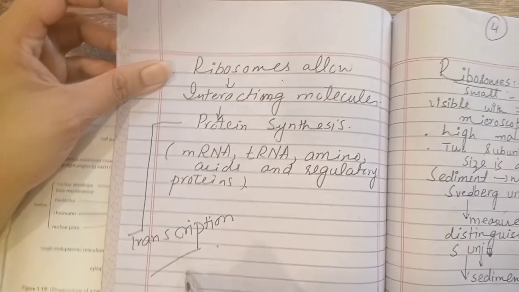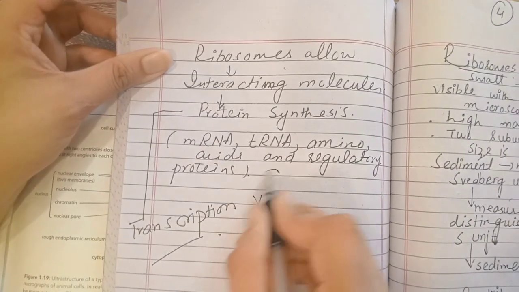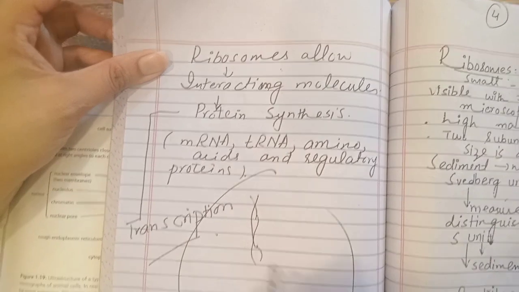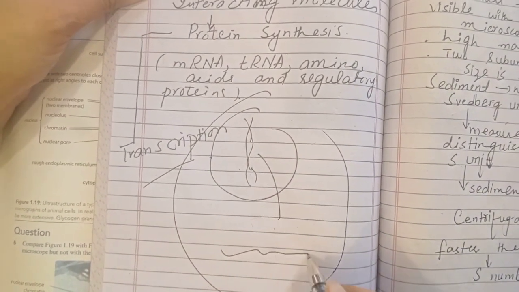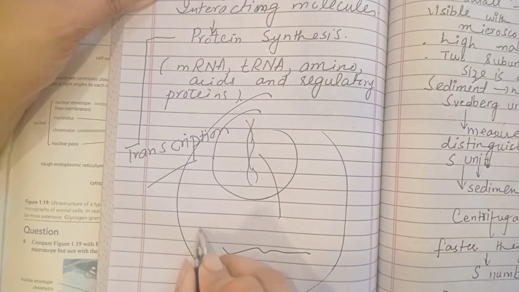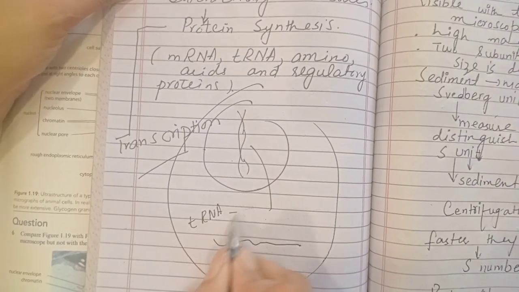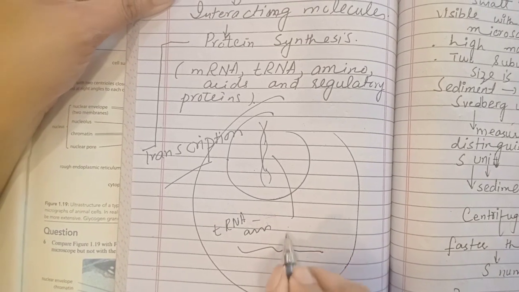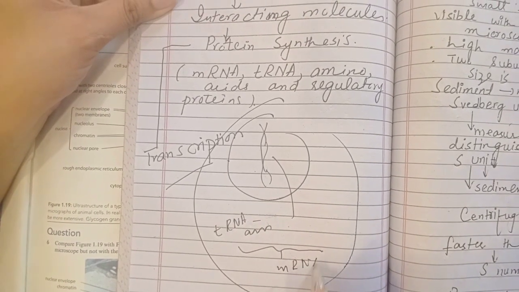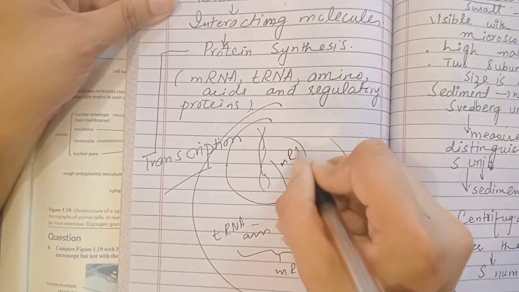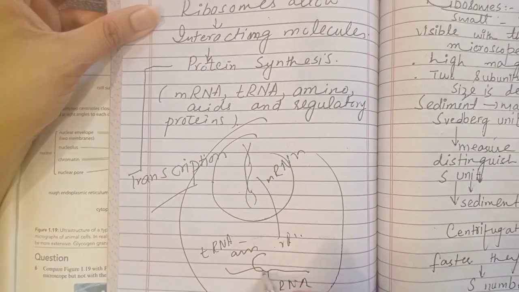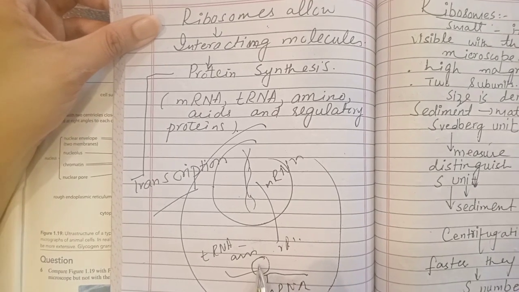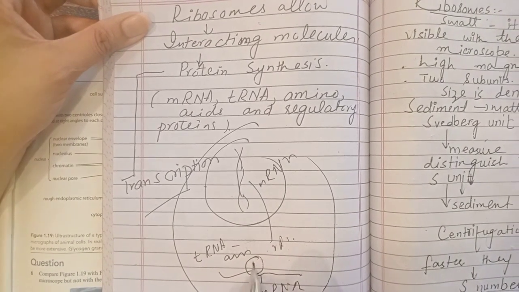And you know about transcription, how the nucleus sends messenger RNA down into the cytoplasm. In the cytoplasm, transfer RNA brings amino acids, and the messenger RNA comes from the nucleus, and ribosomal RNA is reading things. Ribosomes check whether the correct matching is done or not.